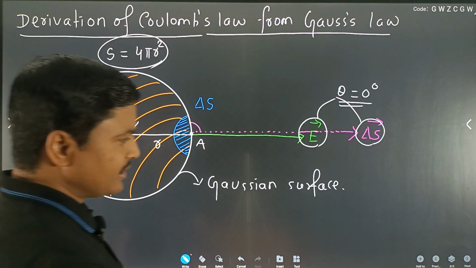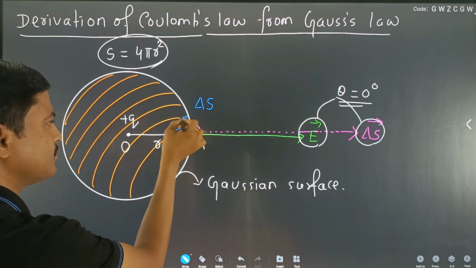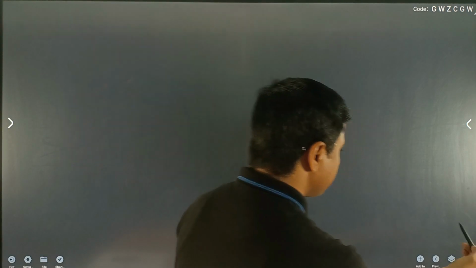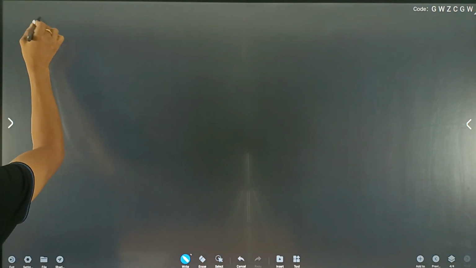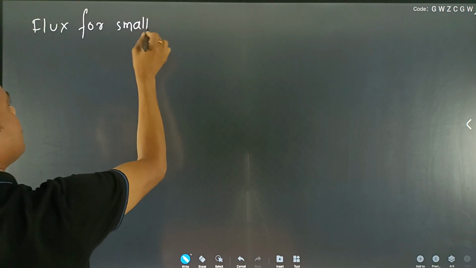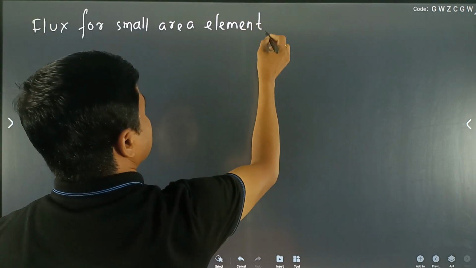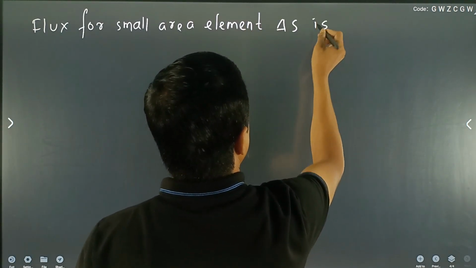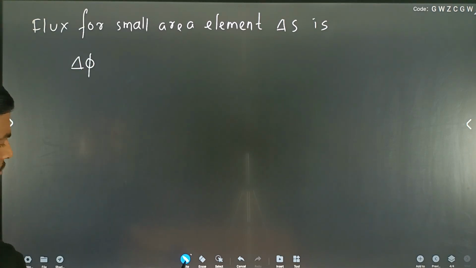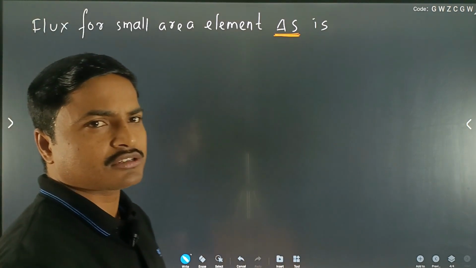Clear? Then we write, at point A, for this small area element, what is the flux? Flux for the small area element del S: from Gauss law we write del phi, because the area element del S is small, so the flux is also small.